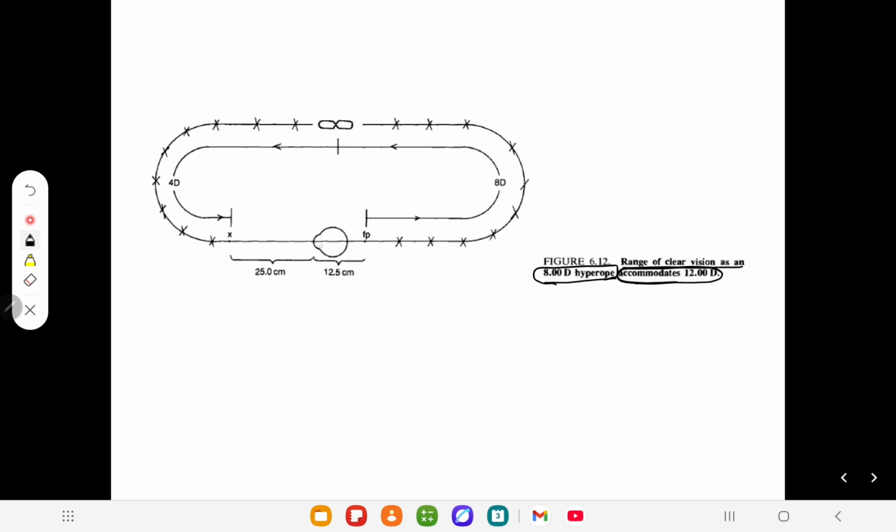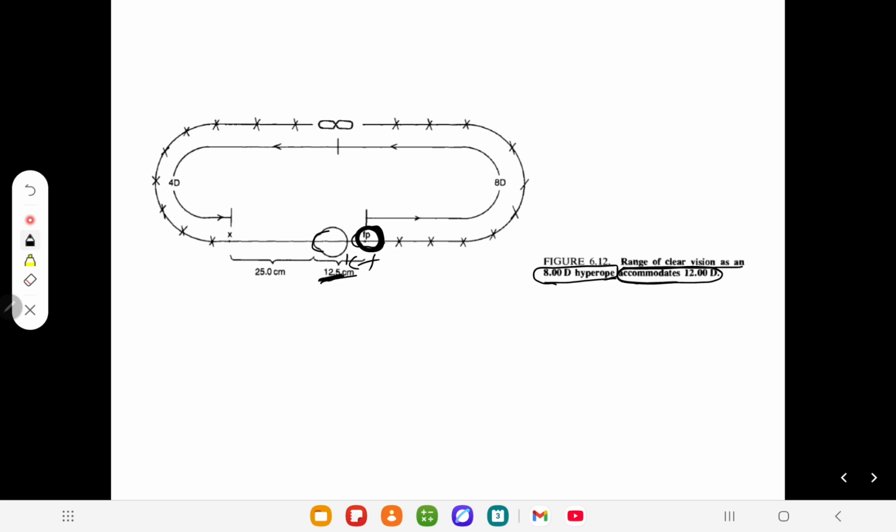This is the patient's eye. This is the far point of an eye which is hyperopic, beyond the eye.